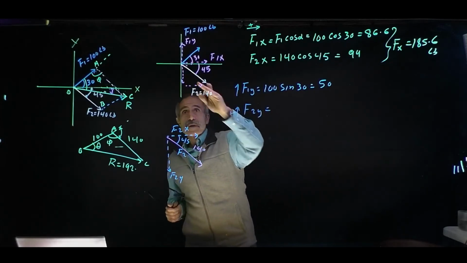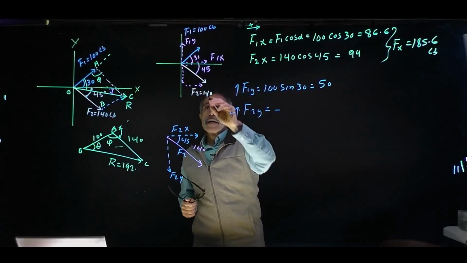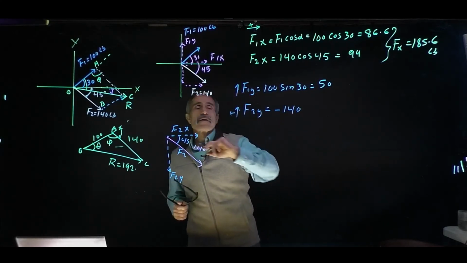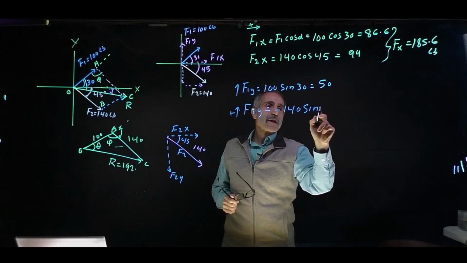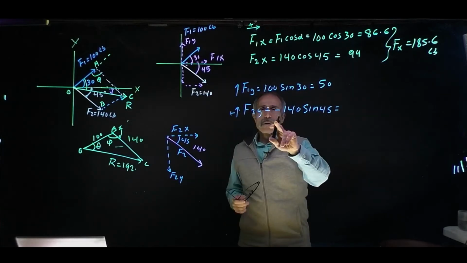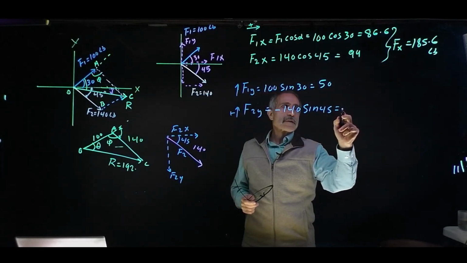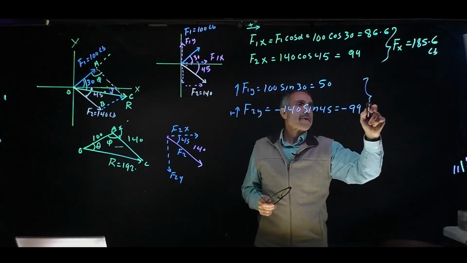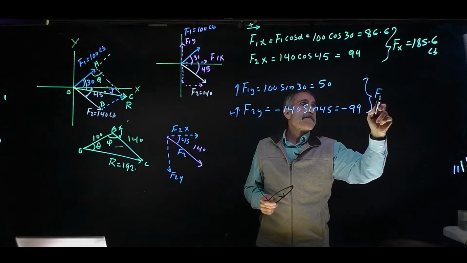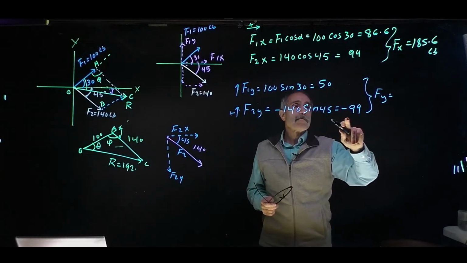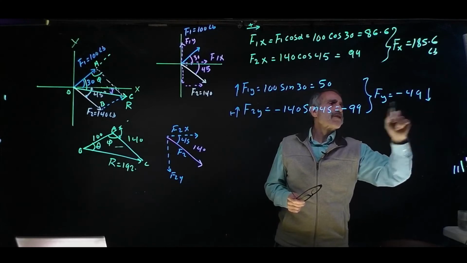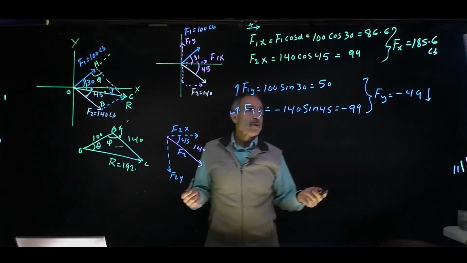Because this is coming down, it's a negative, and the magnitude is 140 times sine 45, and that becomes minus 99. If we add both of them up, Fy comes out to minus 49. The minus means its direction is down, that's all. So we know how we're going to square it.